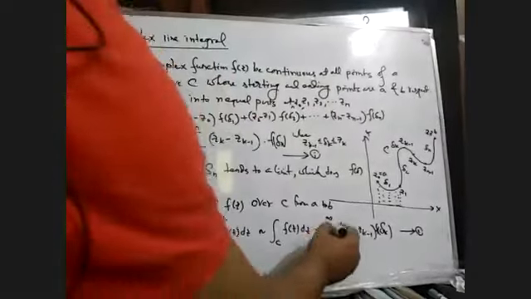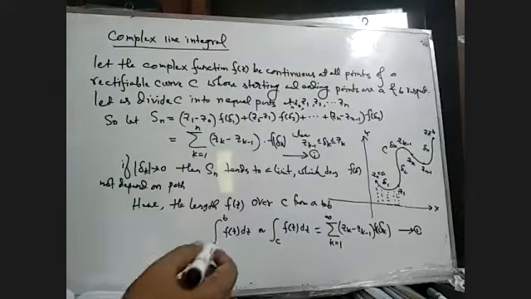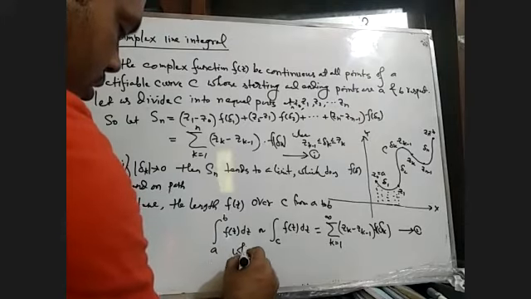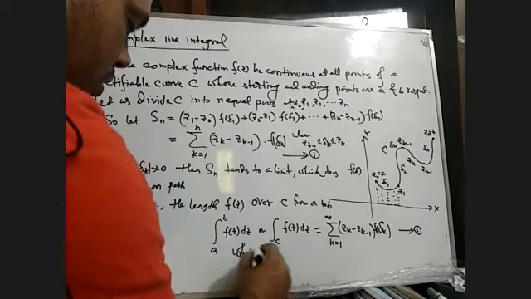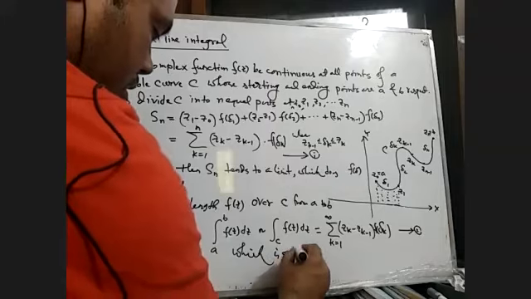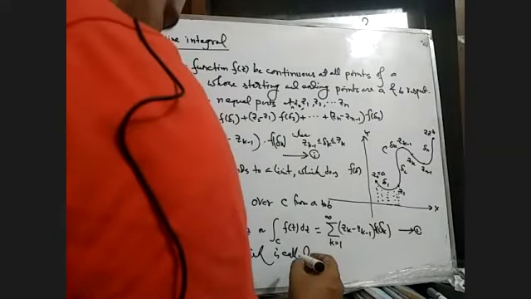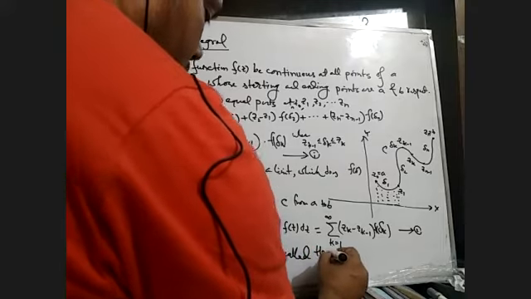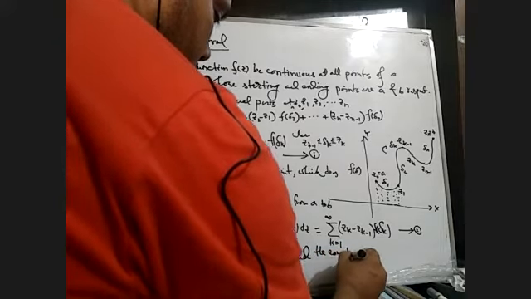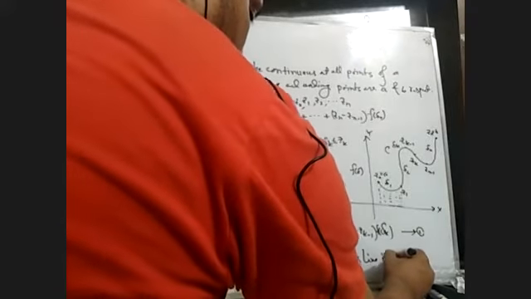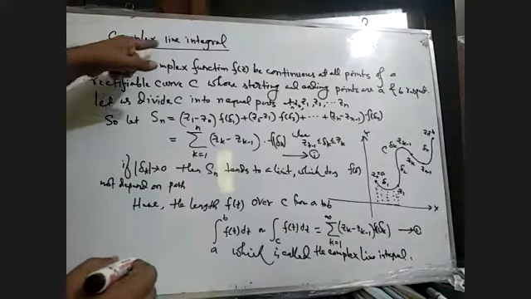So after integrating over this whole curve C, we get this limit of a sum, which is called the complex line integral. That means this is the whole definition of the complex line integral.